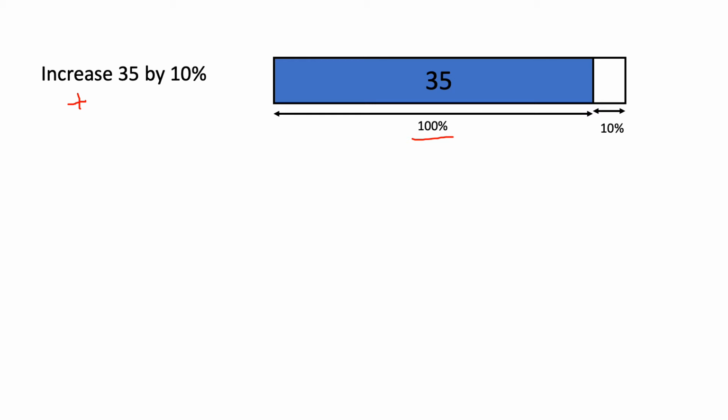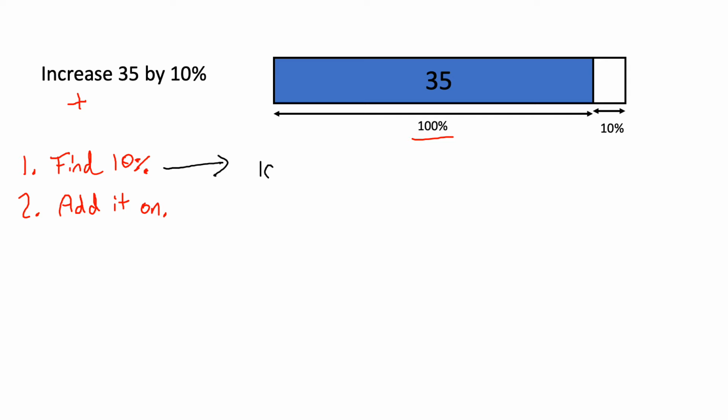So what we need to do in the very first place is find 10%. And then once we've found 10%, the second part will be to add it on. Nice and simple, just two parts. Now, for the first part, finding 10%.